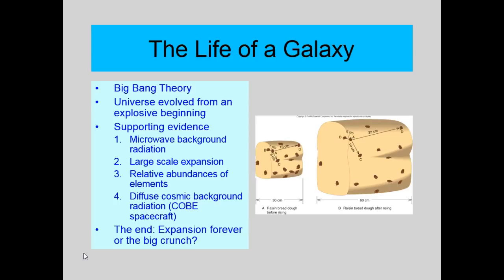Well, all the raisins, every one of them, tend to get further and further apart. That's what our universe seems to be doing, ever expanding. Okay, the galaxies are moving further apart, not just moving further apart, accelerating further apart.